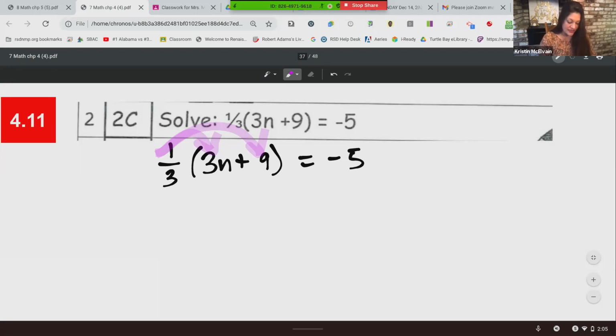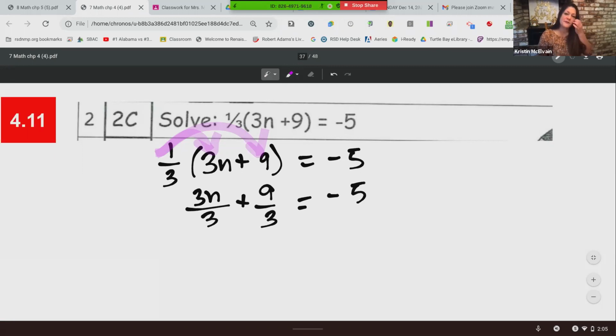It's the same thing. So if I were to distribute those, I would have 3n divided by 3 plus 9 divided by 3 equals -5. Those both cancel out to 1s, leave me with n, plus 9 divided by 3 is 3.